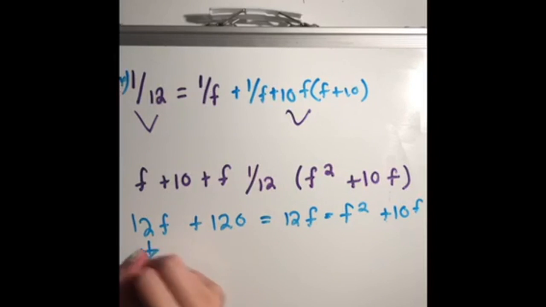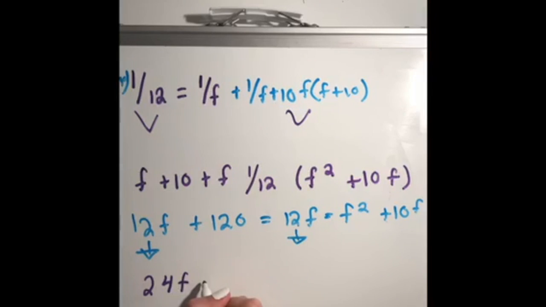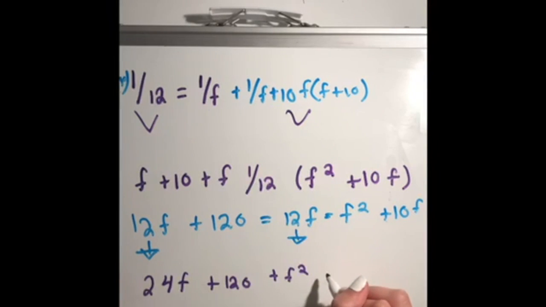You move it down, and we're going to combine everything. So it will be 24f plus 120 equals f squared plus 10f. So now we're going to subtract 24f and 120, and we're going to do the same thing over here.